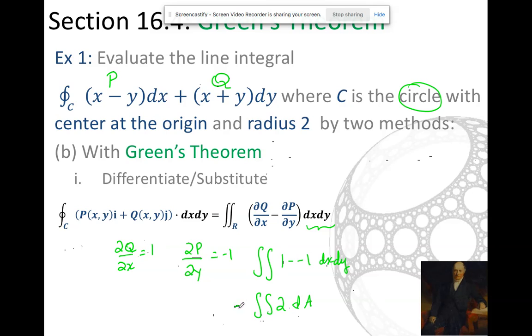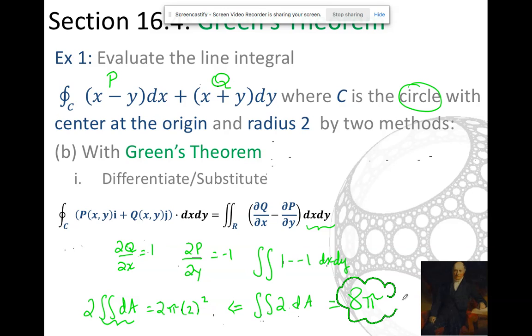So this becomes 2 times the area of a circle with a radius of 2, and ta-da, I get 8 pi. Thank you, Green. No parametrizing. They're super nice.